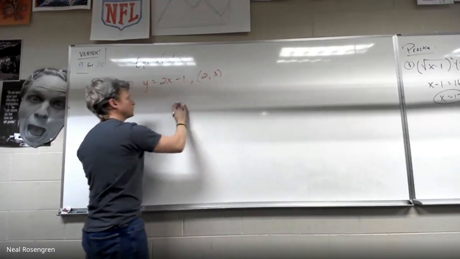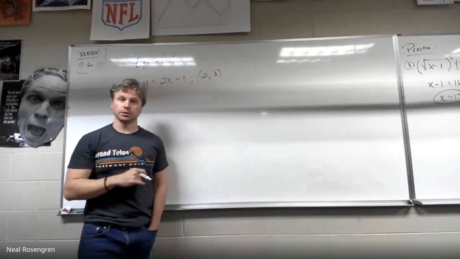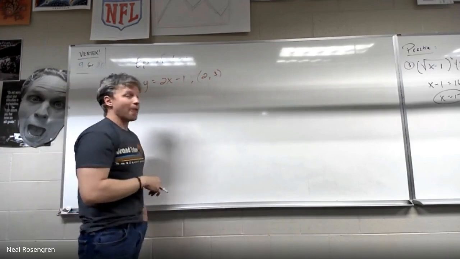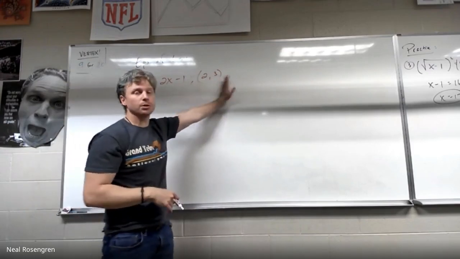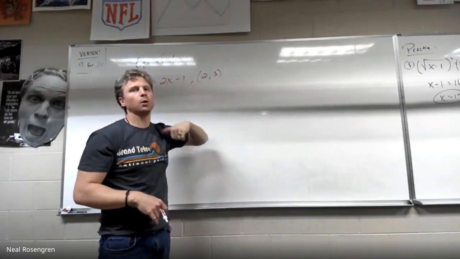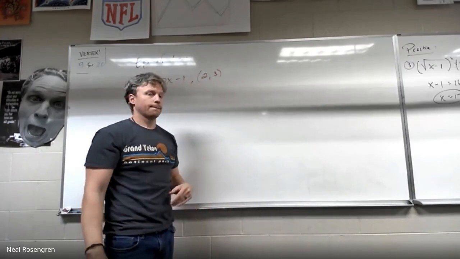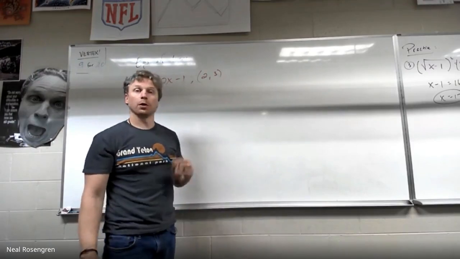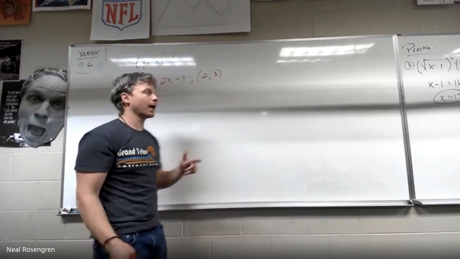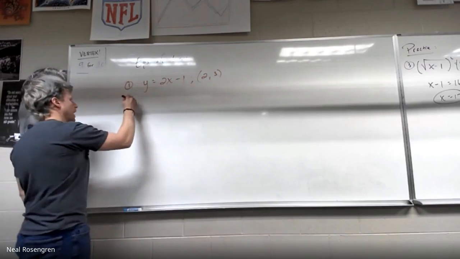So they give us a line. Here it is, 2x minus 1. And then they say, here's the point we want you to draw your next line through. And they want it to do one of two things. They're not going to ask for both. They're going to ask for one or the other, but I'll show you how to do both.